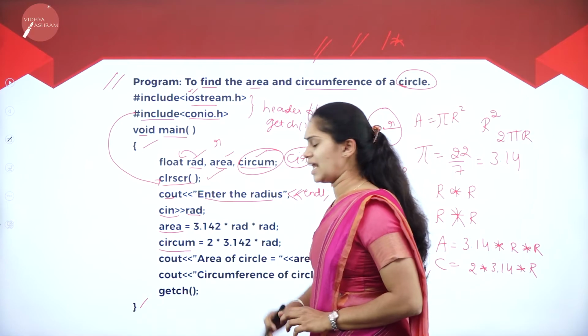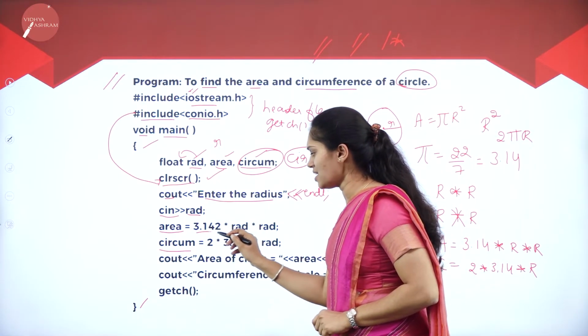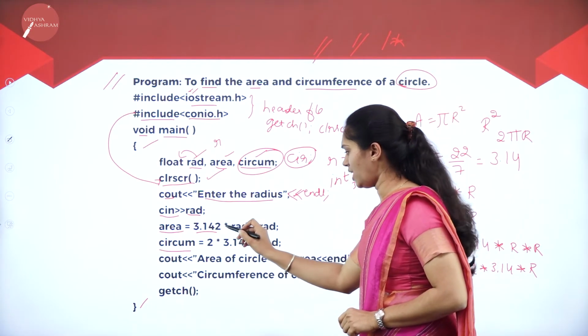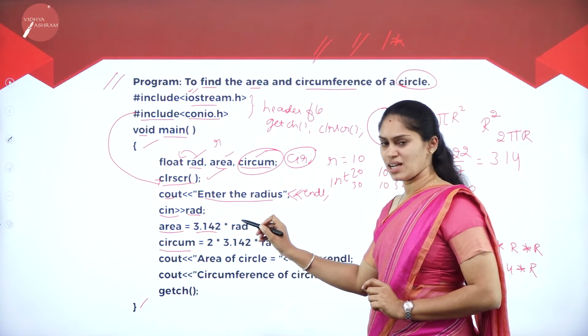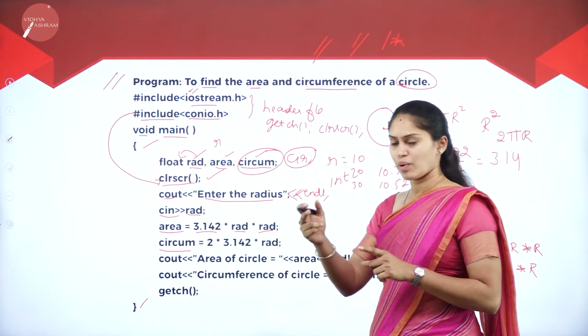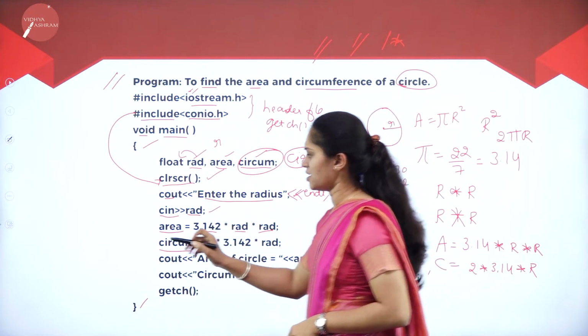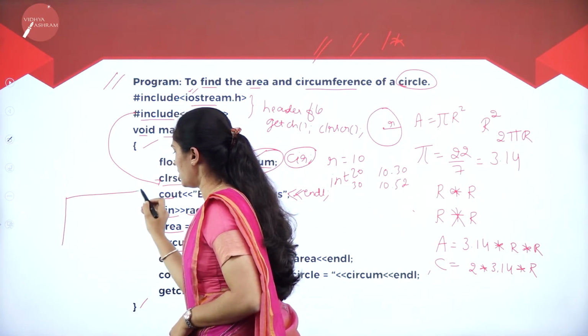How are we going to find the area of a circle? That is pi r square. So the value of pi is 3.142, into, the asterisk symbol represents multiply, rad into rad, that is r square. Then whatever value we give for the radius, how will it display in the output screen?